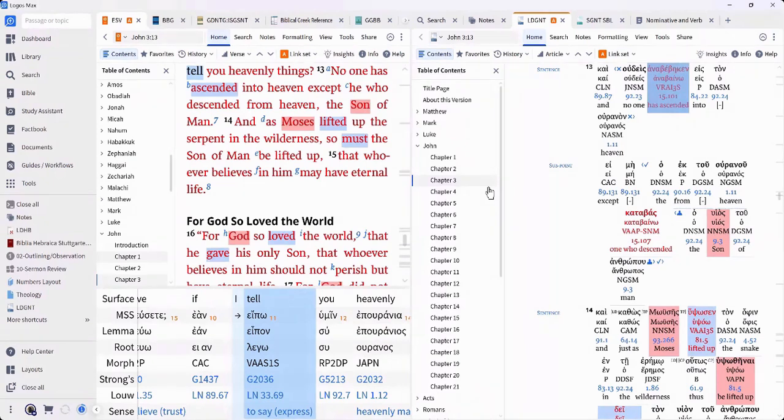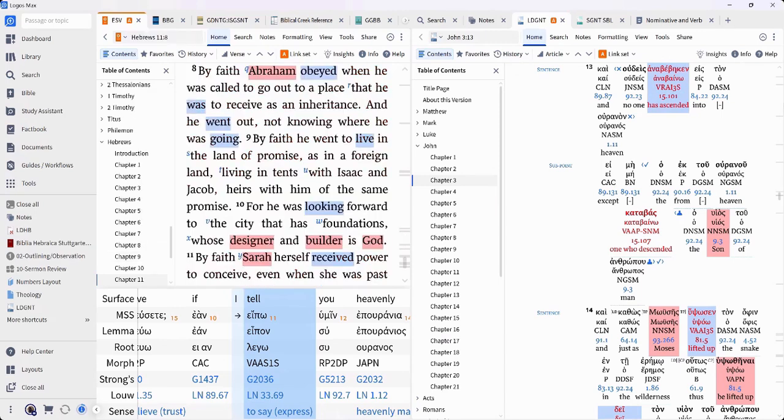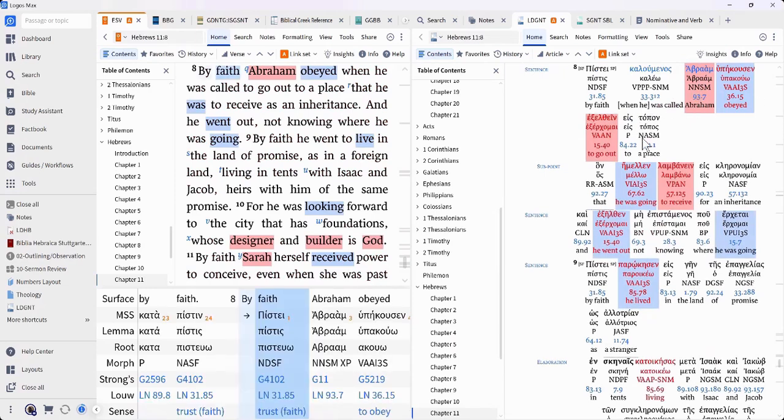The third person singular is implied as he. No individual person has ascended here. Let's go into a passage, Hebrews 11:8. Let's go into Hebrews 11:8, and so by faith, Abraham obeyed.